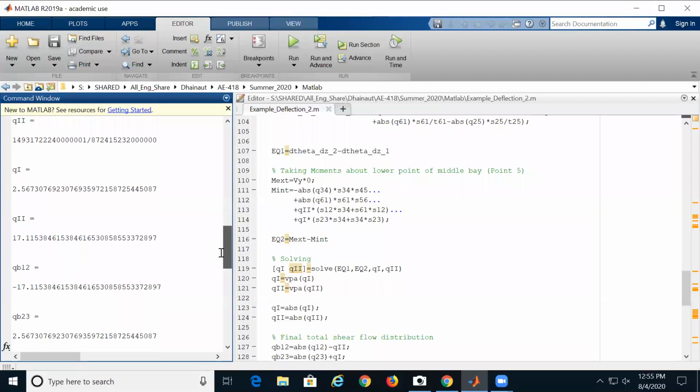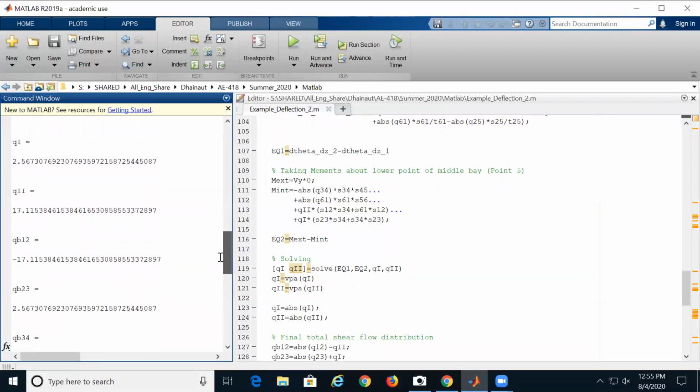So we get Q1 equal to 2.567 and Q2 equal to 17.115. And this should be newtons per millimeter.